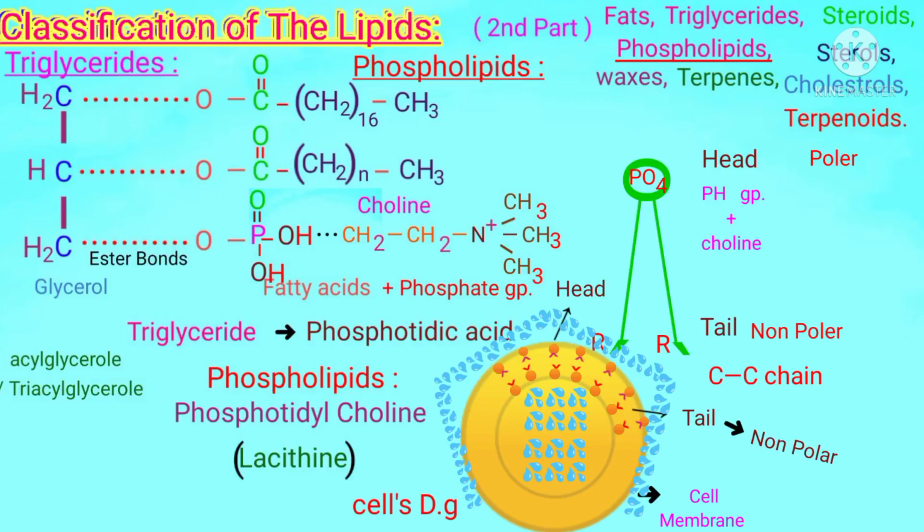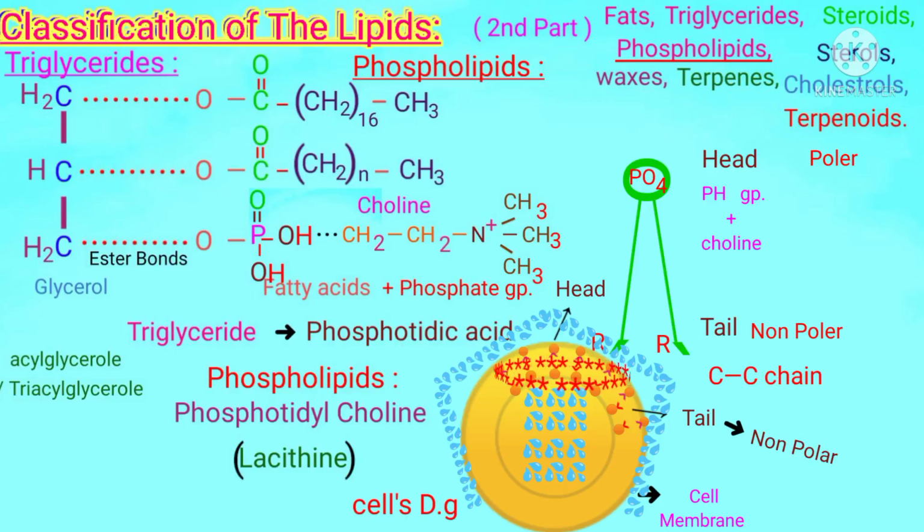It does not dilate or release its contents outside of the cell, so the inner content of the cell cannot come out. In this way, due to the presence of phospholipids, the protoplasm of the cell cannot come out of the cell.